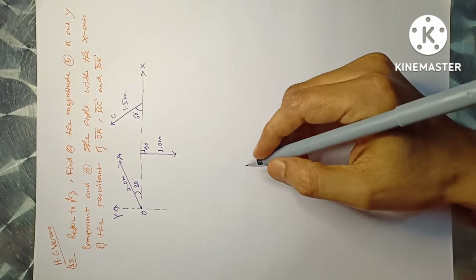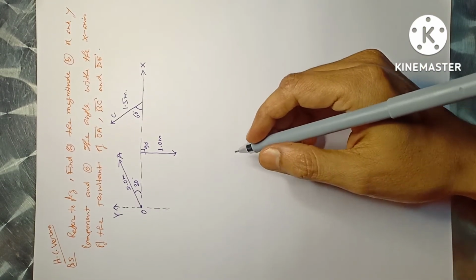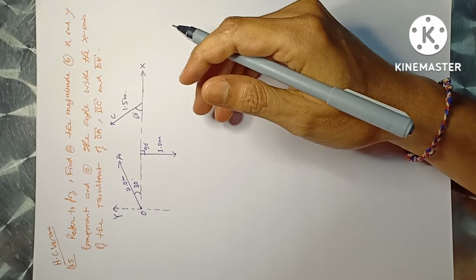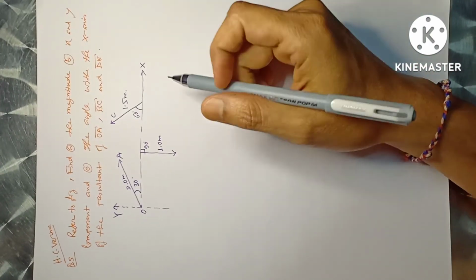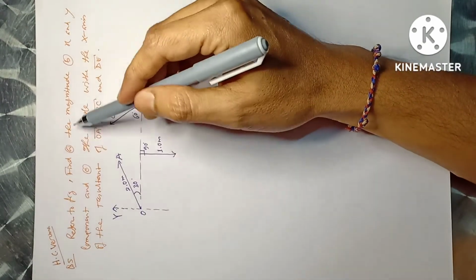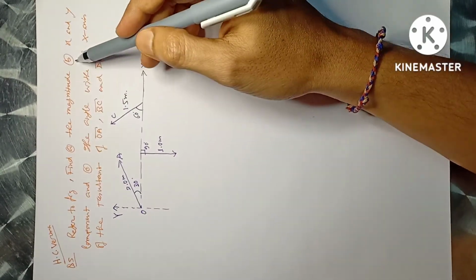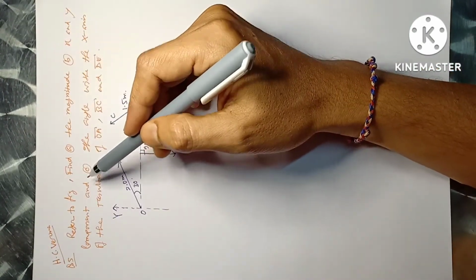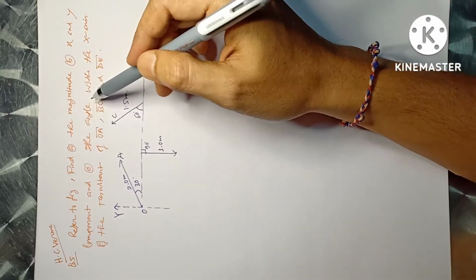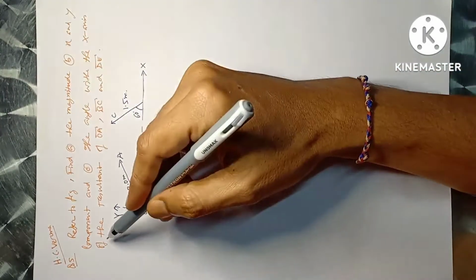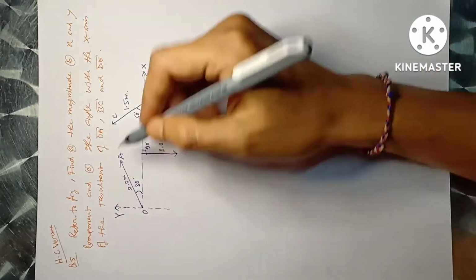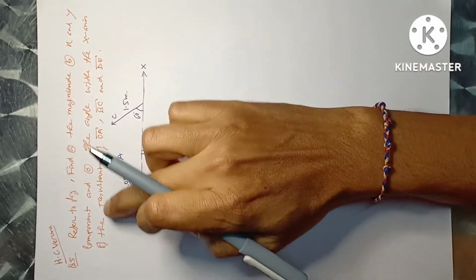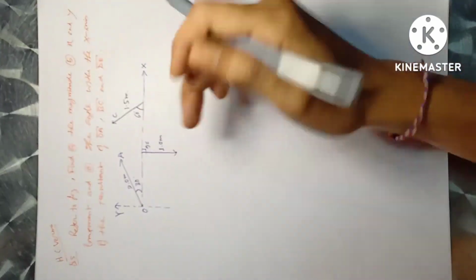Let us consider an example from S.L. Verma, which is one of the best books for physics for joint entrance exams. The problem is: find the magnitude, the x and y components, and the angle with the x-axis of the resultant of these three vectors.